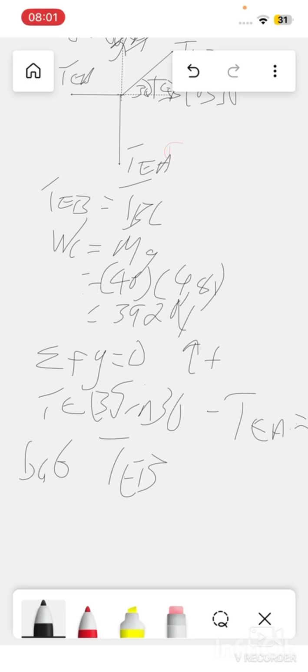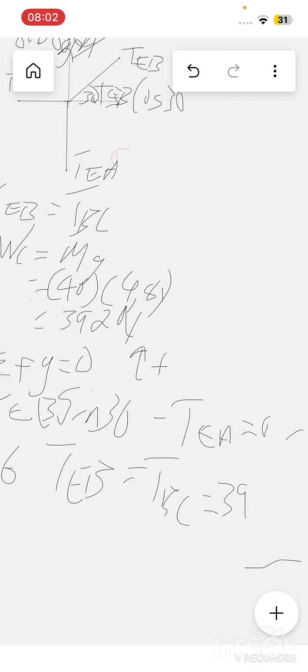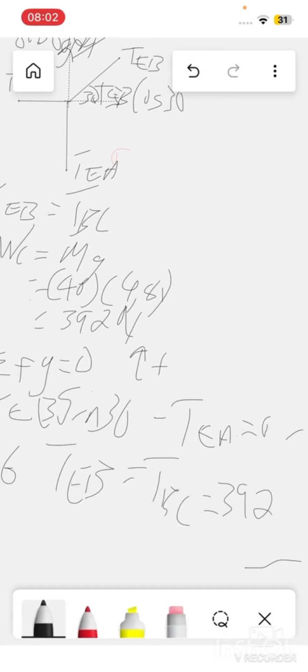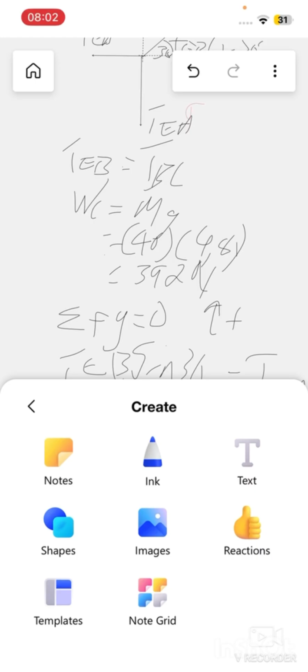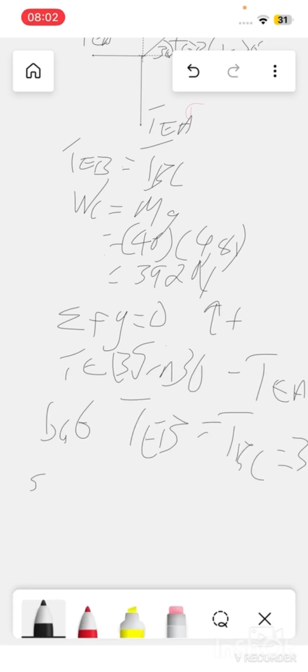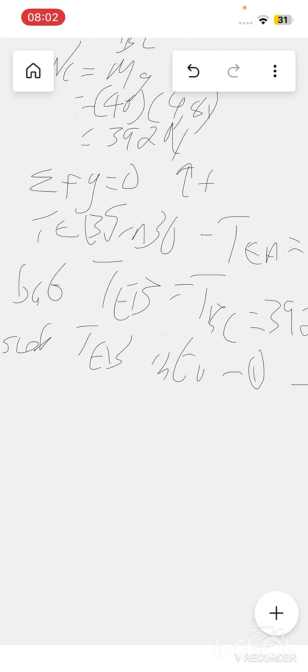TEB is equal to TBC, which is equal to 392 Newton. Therefore, we can substitute this TEB, which is 392 Newton, into equation 1.